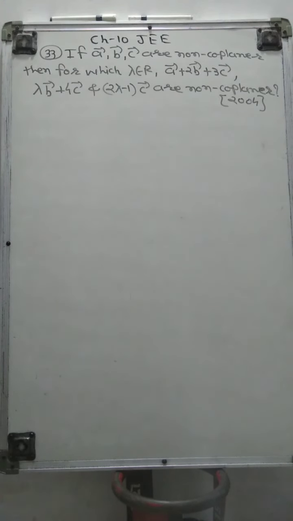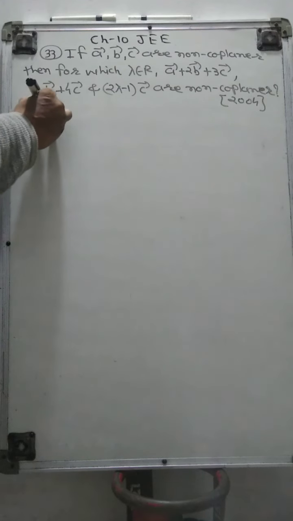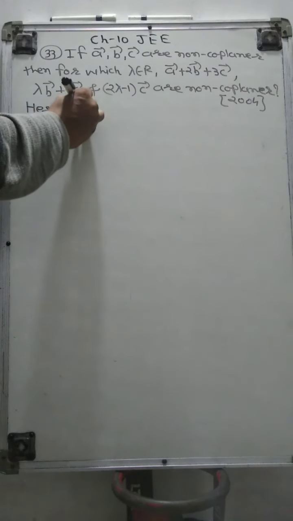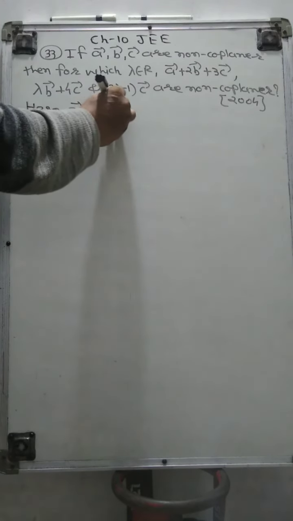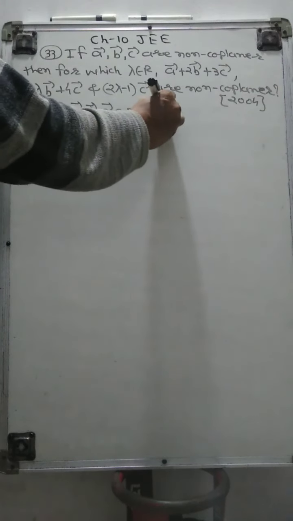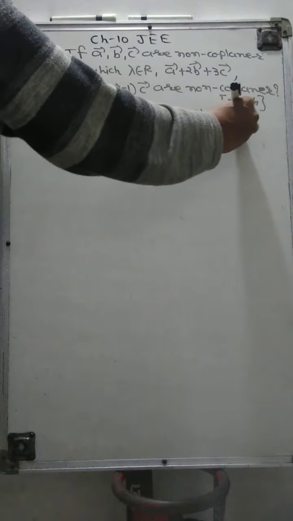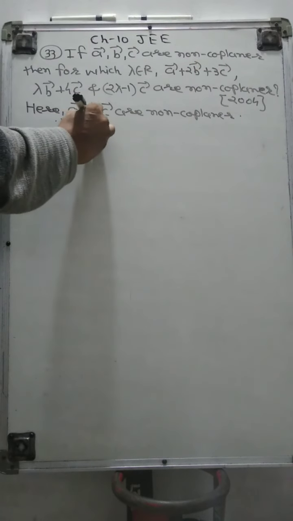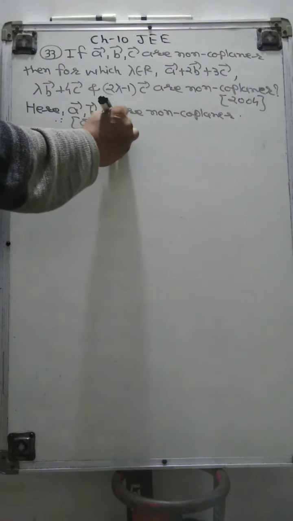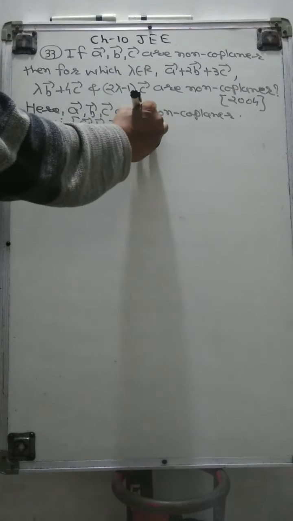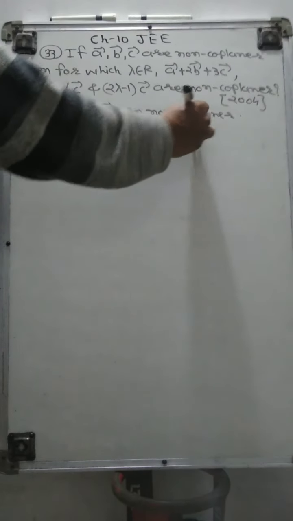Okay, so here a bar, b bar, c bar are non-coplanar. Therefore, box product of a bar, b bar and c bar is not equal to 0.